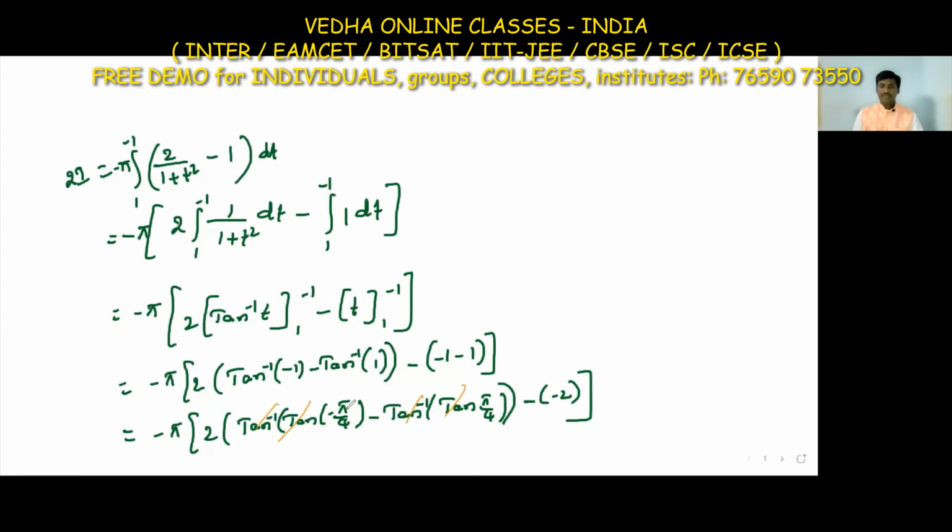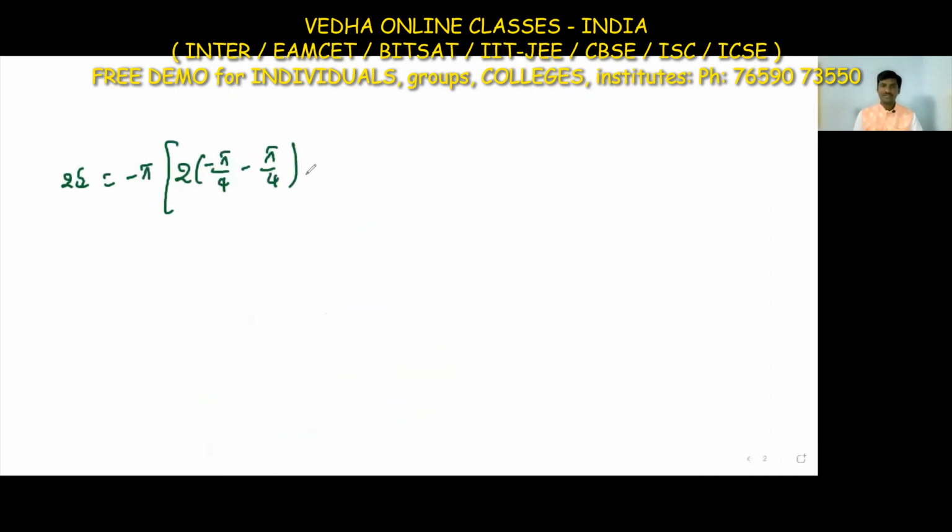Here we get minus pi by 4 and this minus as it is, minus pi by 4. Minus into minus is plus 2, we write plus 2 after that. So this is equal to minus pi into minus pi by 4 minus pi by 4, which is minus 2 pi by 4, and plus 2 is as it is.